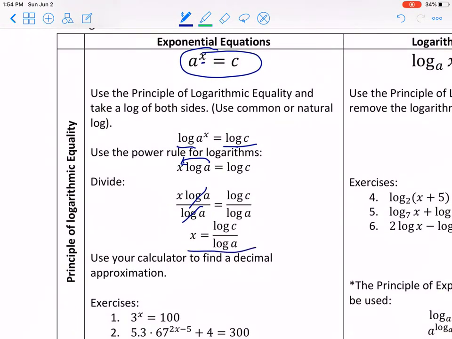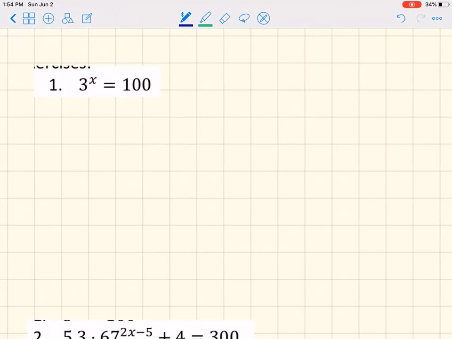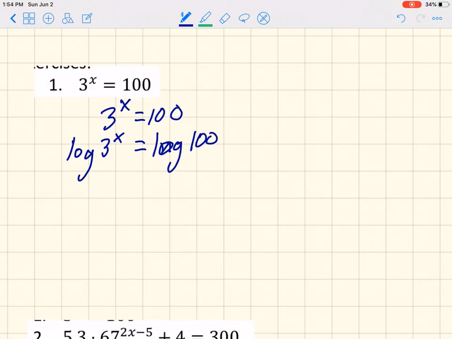So let's look at a couple of problems where we actually use this to solve given problems. On number 1 here, we've got 3 to the x equals 100. We'll take a log of both sides. I'll go ahead and use a common log. Log of 3 to the x equals log of 100.